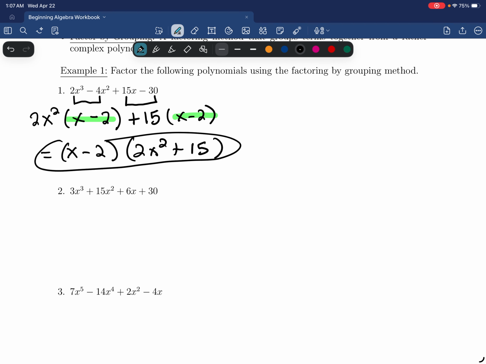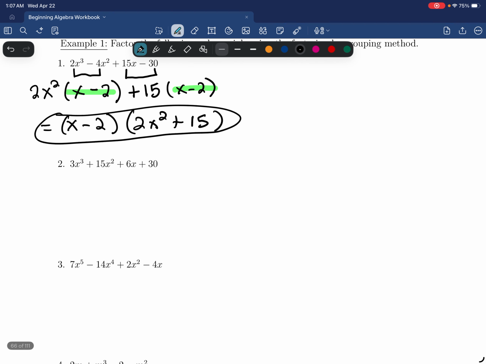So taking a look at example 2, I encourage you to pause the video and try this one on your own. The process is going to be exactly the same as before. Now let's go through this together. So I'm going to go ahead and find the greatest common factor within the first 2 terms.